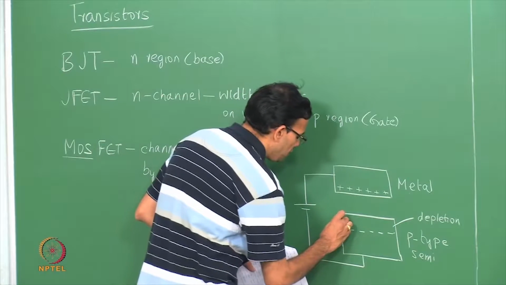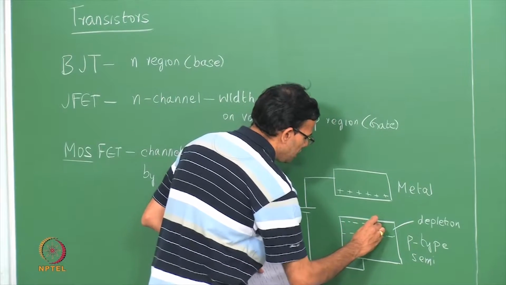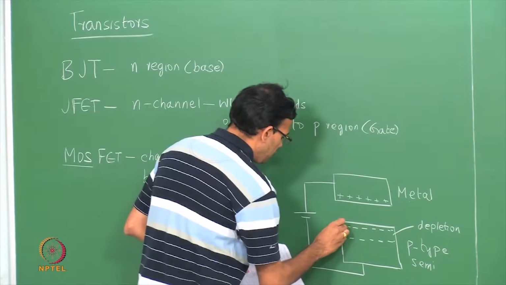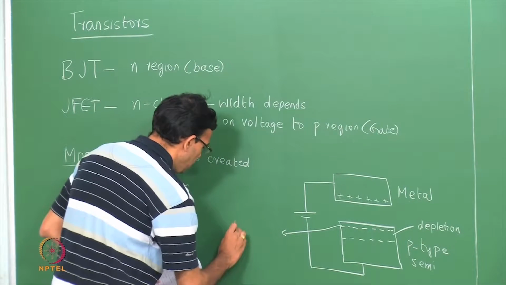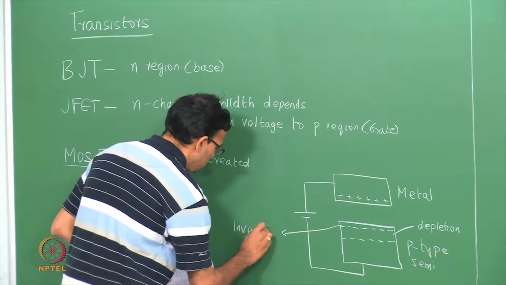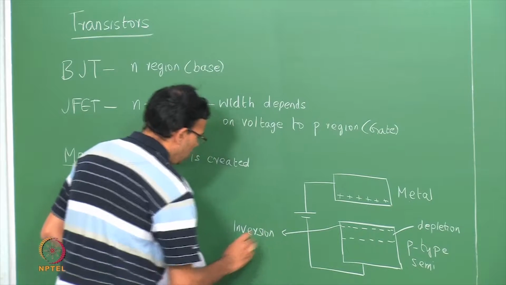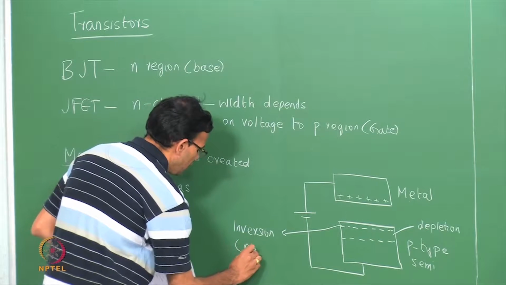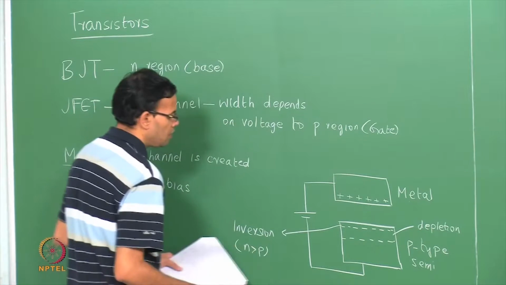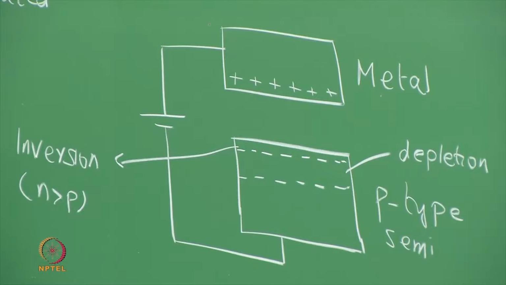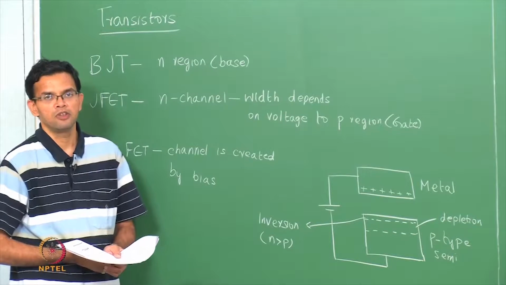And if you apply a further bias, we defined a region which is your inversion region, in which case you have N greater than P, so that you have an N channel that is created within your p-type material. So today we will take up this further and look at a MOSFET.